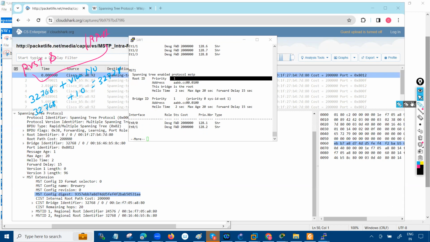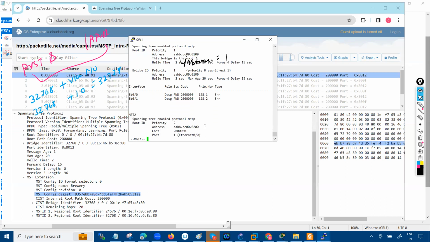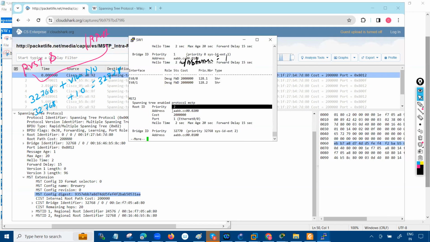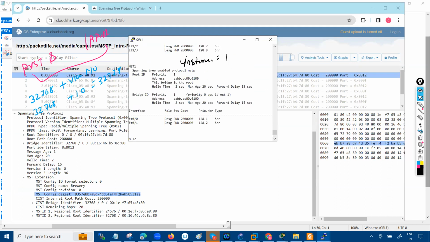So here we have an instance number. If you see MST 2, here we have the instance. What they are doing is they are just going to add 32768 plus the instance number.